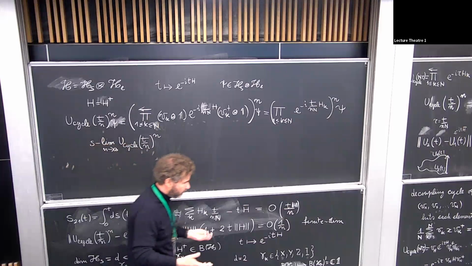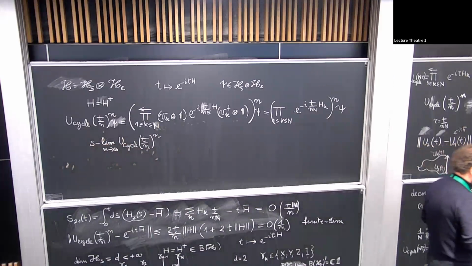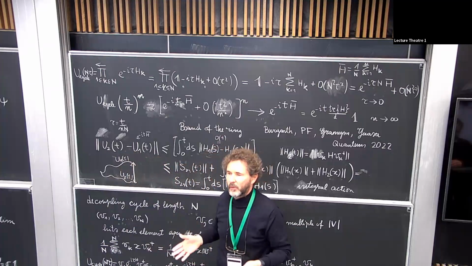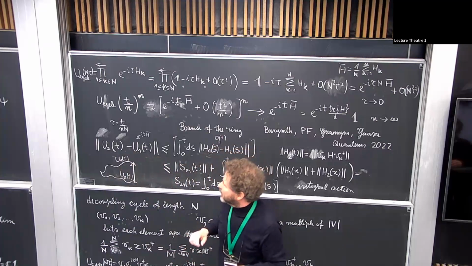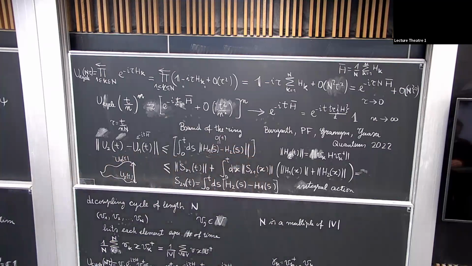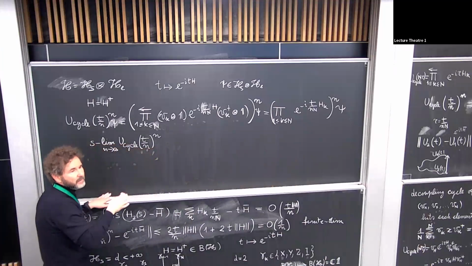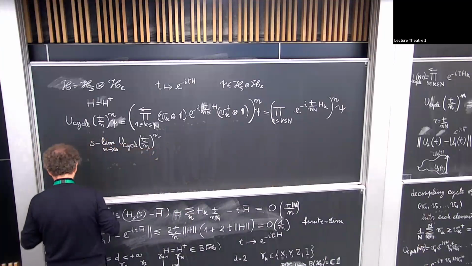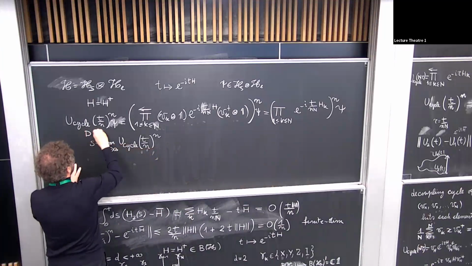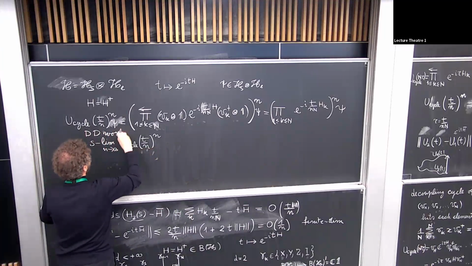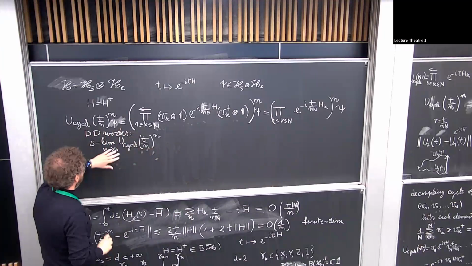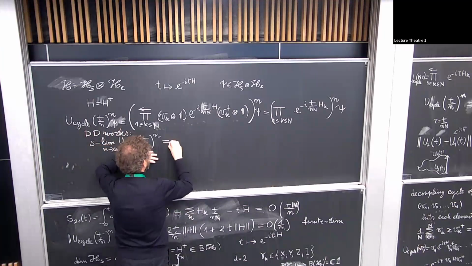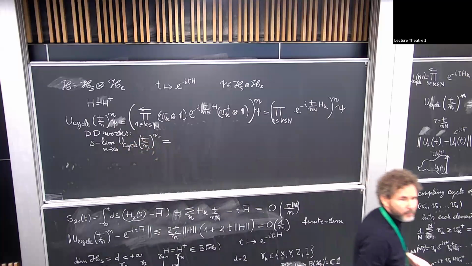And this is essentially related to the difficulties you encounter in product formulas. In such a case, we will say that dynamical decoupling works if the following happens: the limit exists, and the limit is exactly what you would get in the finite dimensional case.